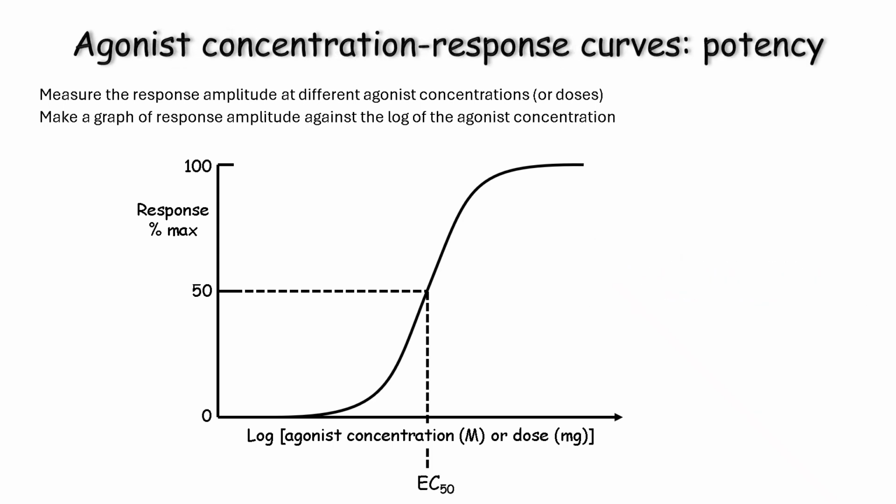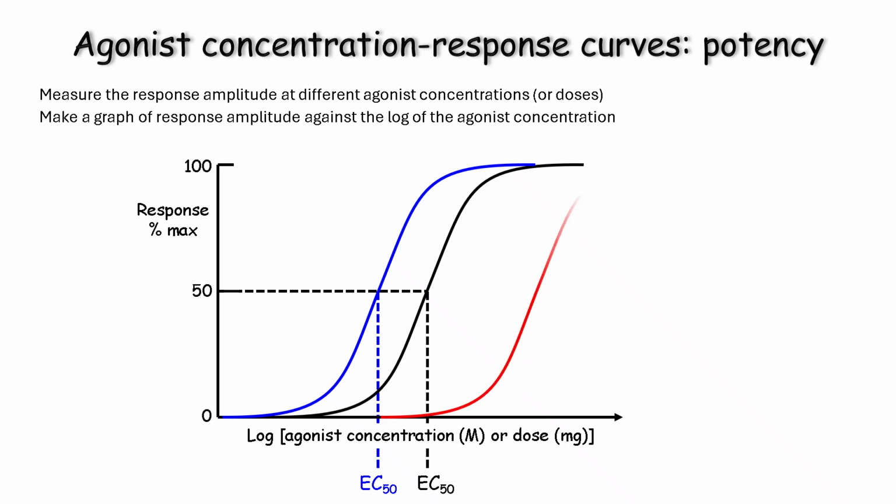Different agonists acting at the same receptor evoke cellular responses over a varying range of concentrations. Some are more potent and work at lower concentrations, indicated by a lower EC50 value. Other agonists are less potent and need to be present at higher concentrations to activate the receptor.